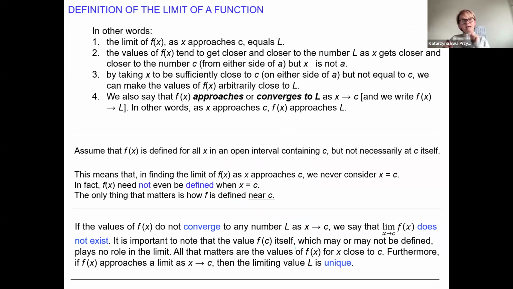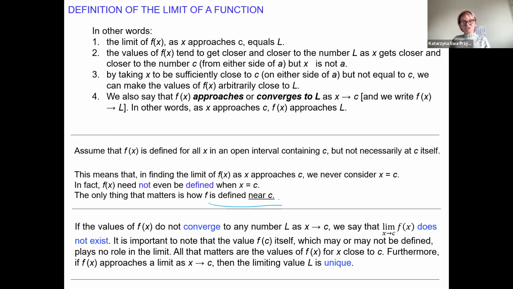Definitely we may find a limit of the function even if that number doesn't belong to the domain. We can find the limit of the function as x approaches c because we're looking at the situation near c. C might not be in the domain. We may not have a value, but we may have a limit.